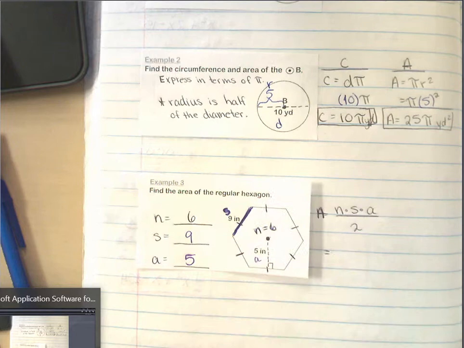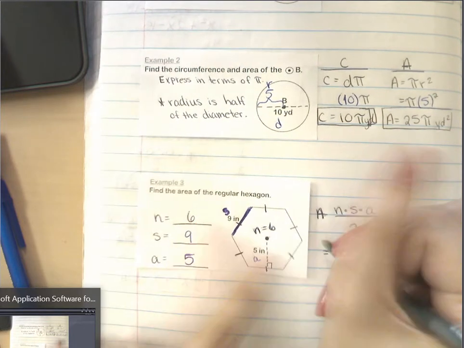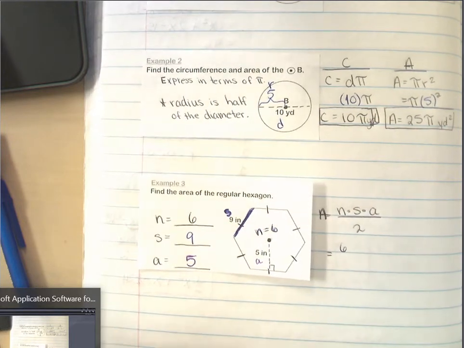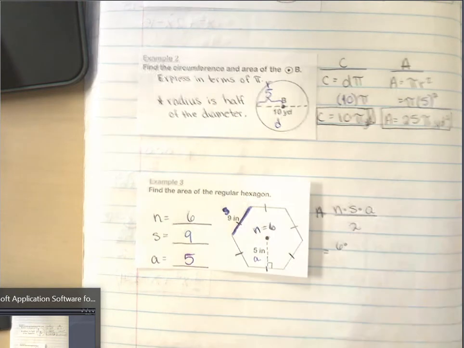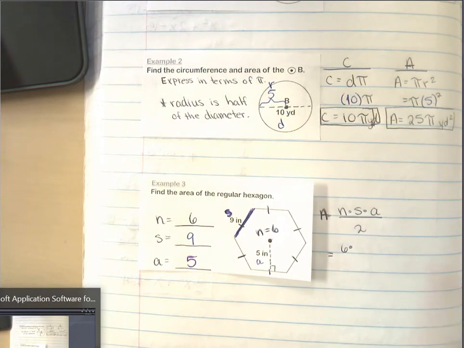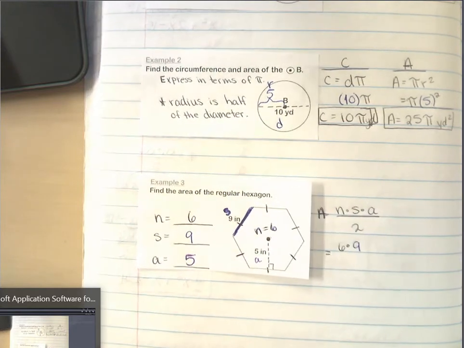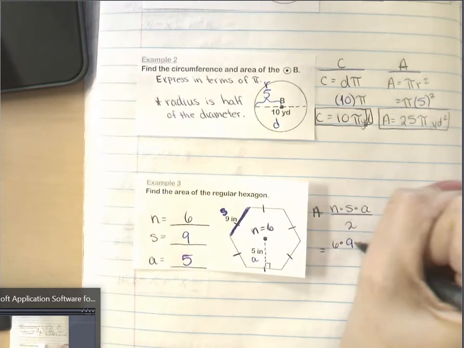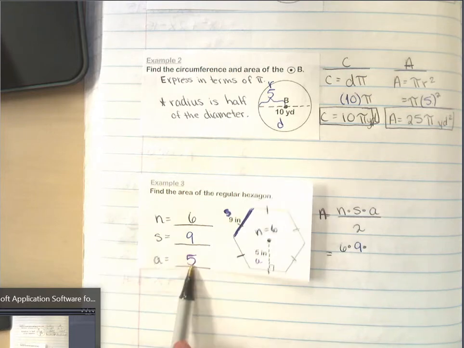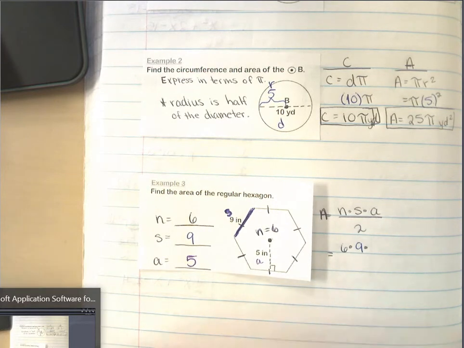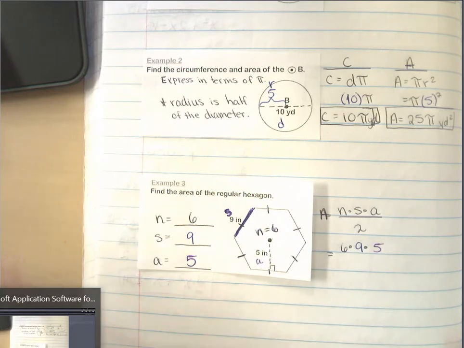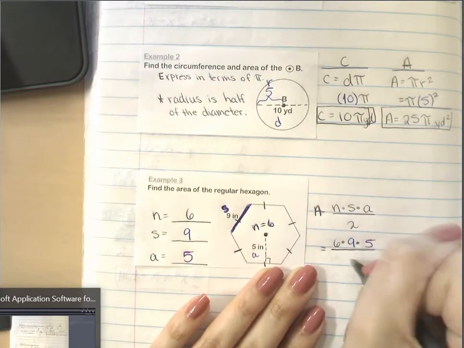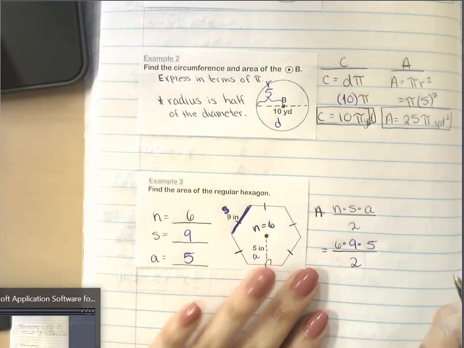So N is my number of sides, 6, times my side length, that would be 9. And then times the apothem, and the apothem's right over here, that's 5. So I'll multiply those 3 numbers, and then I'm going to divide them all by 2.